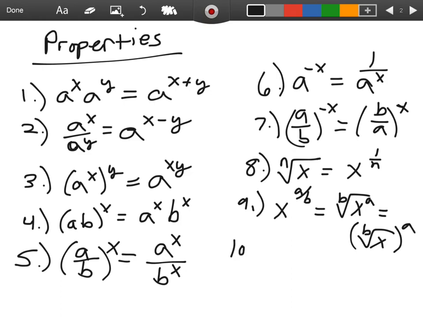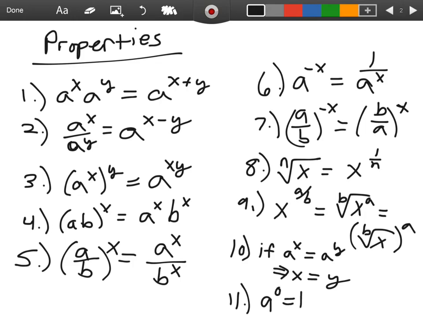And then if a to the x equals a to the y, then we can say that x equals y. And the last rule is a to the 0 power is 1, such that a does not equal 0. Anything to the 0 power is 1 except 0 to the 0 power. There's all of our properties.